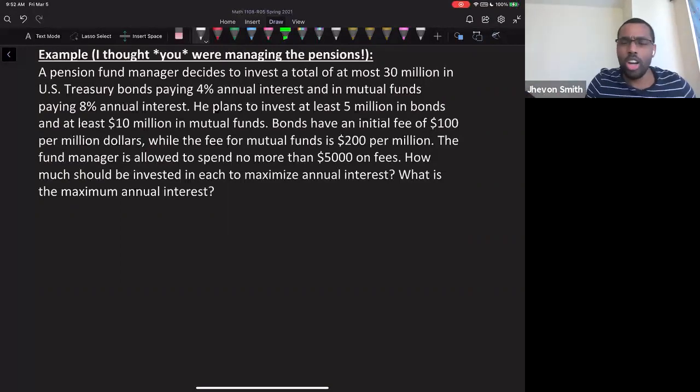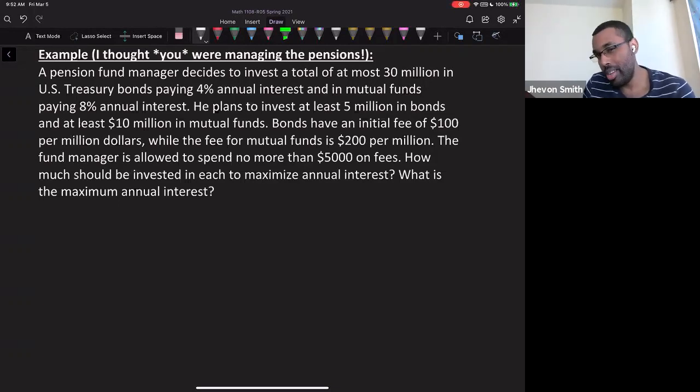It could be 30, 100, 1,000 different stocks, put them all in one bag, and then sells that bag. So how all those companies do combined is how you're going to do when you buy that mutual fund. So you want at least 5 million in bonds and 10 million in mutual funds.